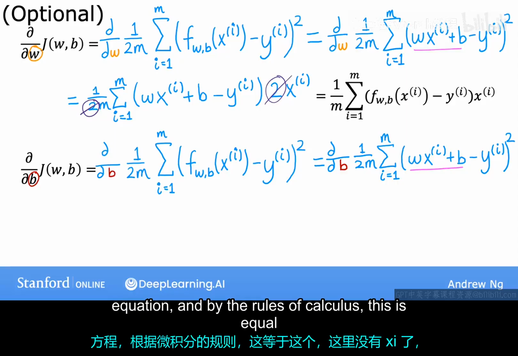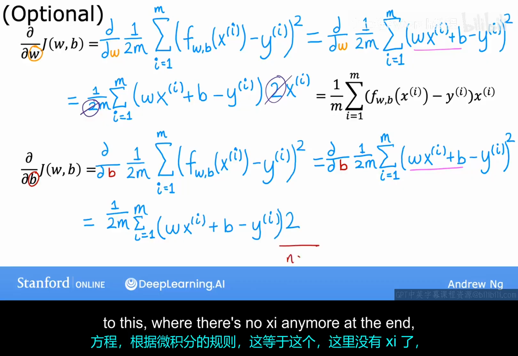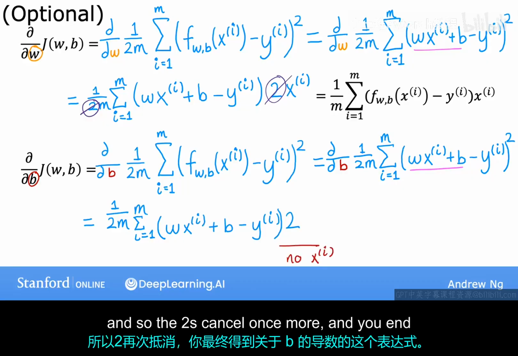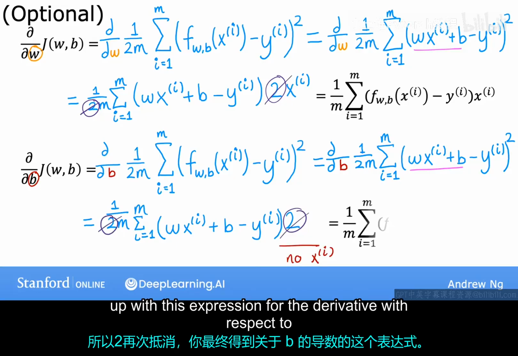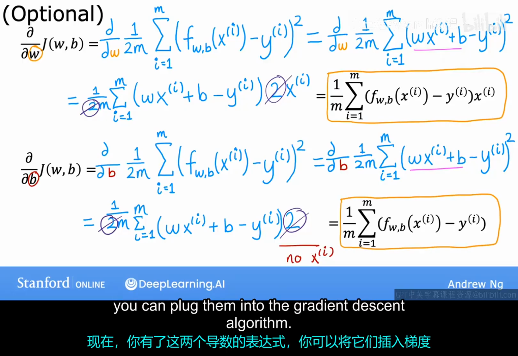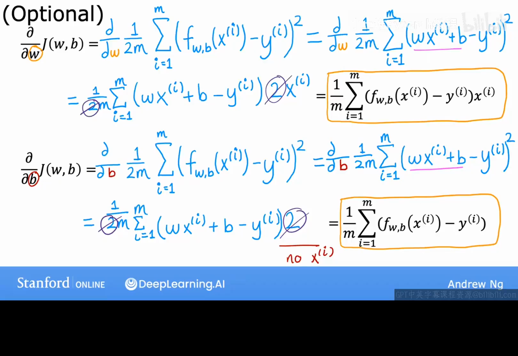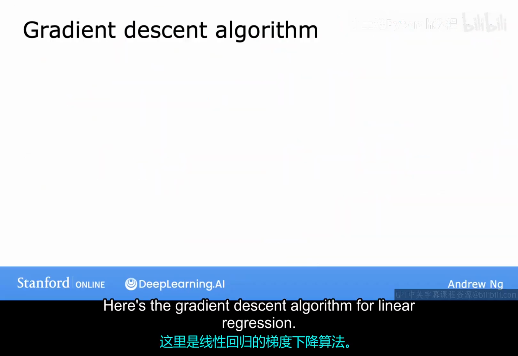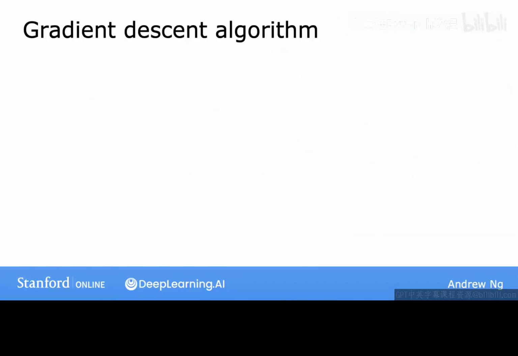And by the rules of calculus, this is equal to this, where there's no x_i anymore at the end. And so the 2s cancel once more, and you end up with this expression for the derivative with respect to b. And so now you have these 2 expressions for the derivatives, and you can plug them into the gradient descent algorithm. So here's the gradient descent algorithm for linear regression.